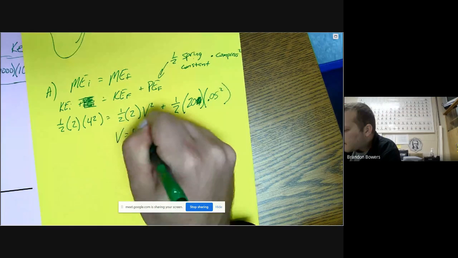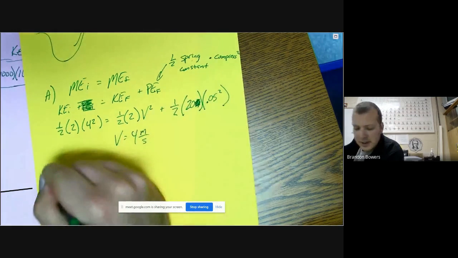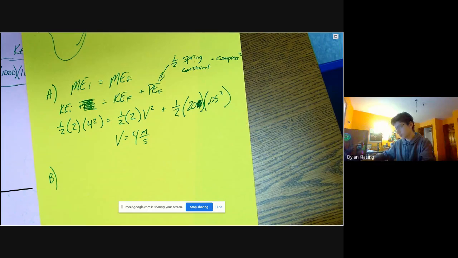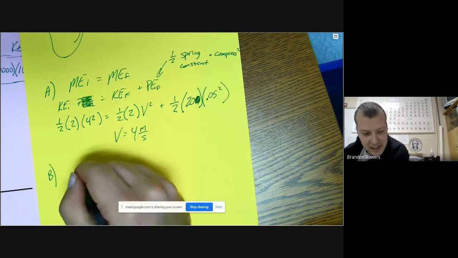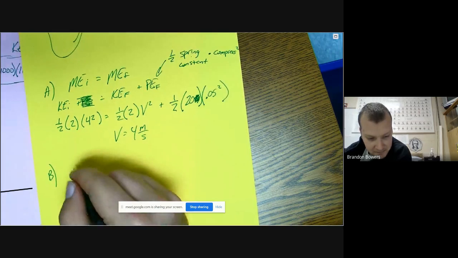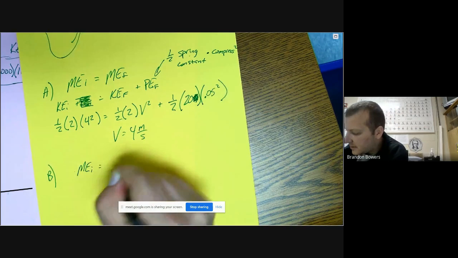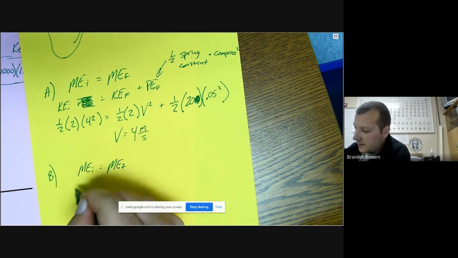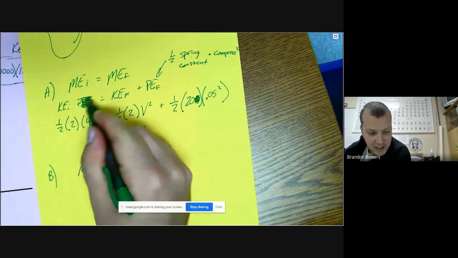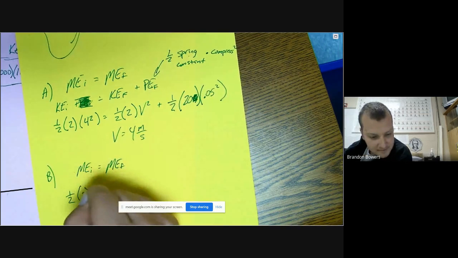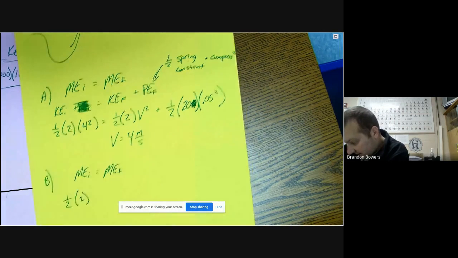Okay. So in part B, what is the maximum compression caused by the block? So once again, you're going to have the mechanical energy initial equal to the mechanical energy final, where the potential is not a factor right now. So we're going to have half the mass times the velocity squared.